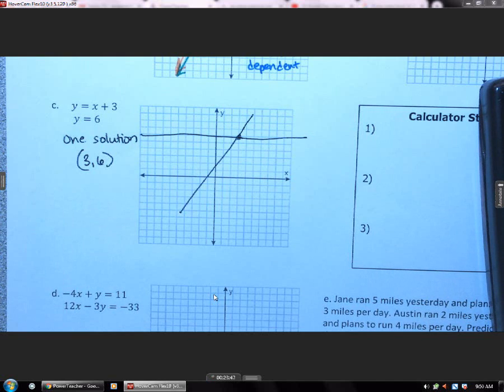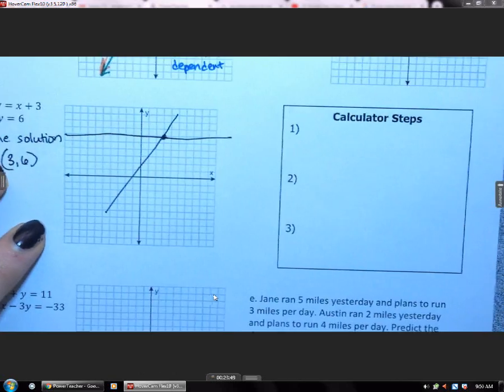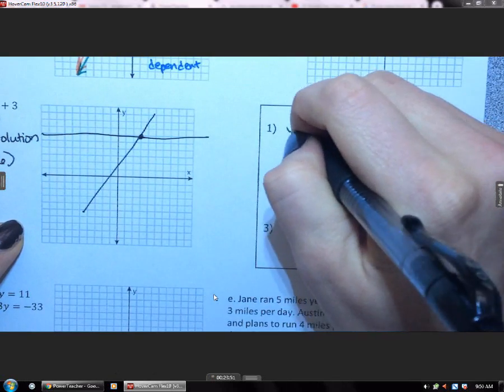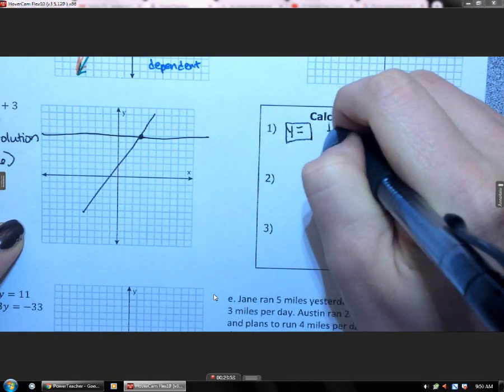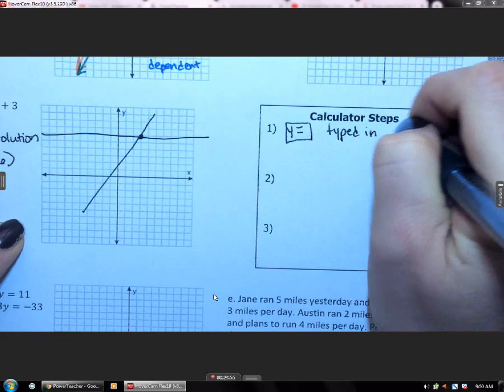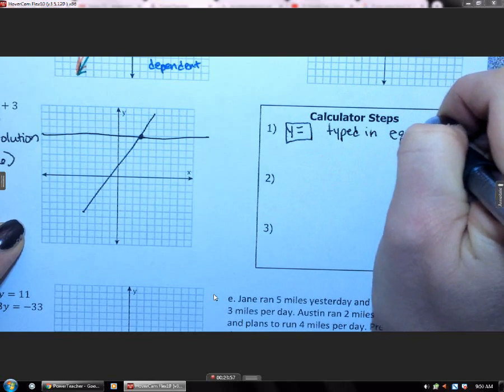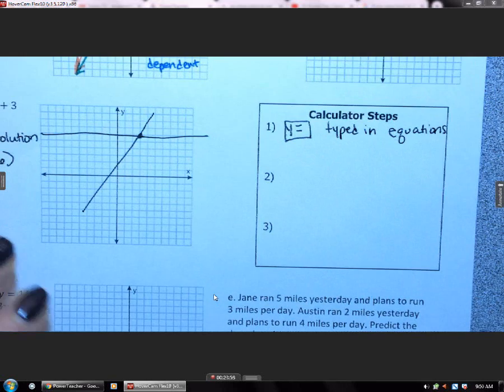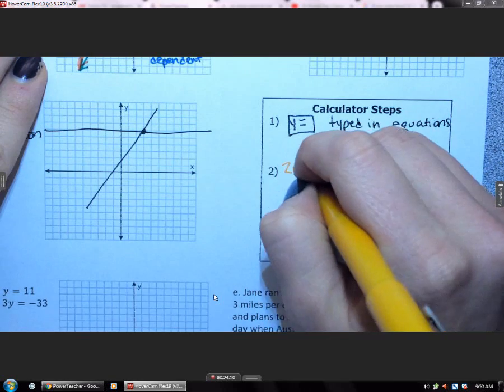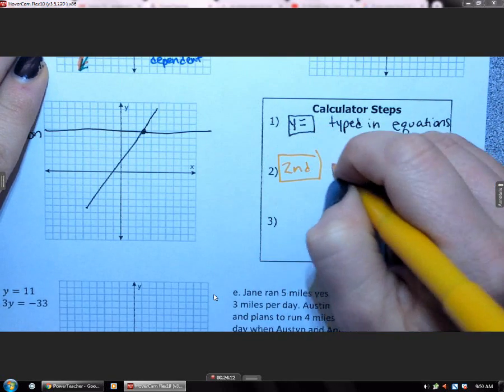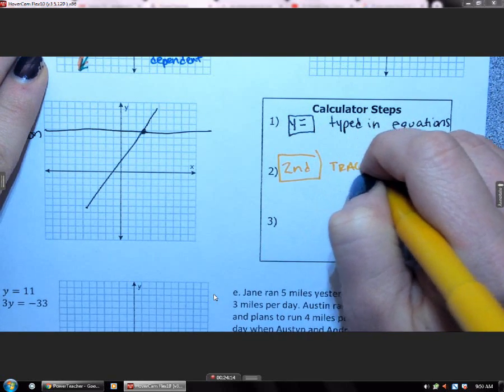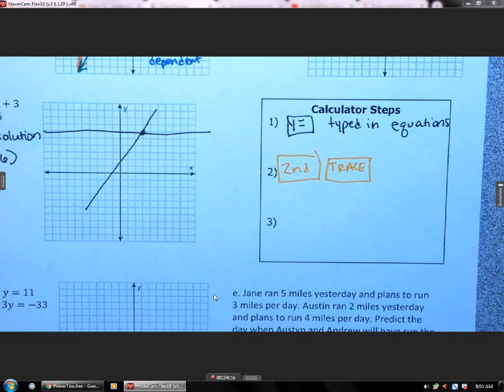Okay? So for the steps, first we pressed y equals, and we typed in both equations. After you graph them, we pressed second, what was the button again? Trace. Second trace or second calc.